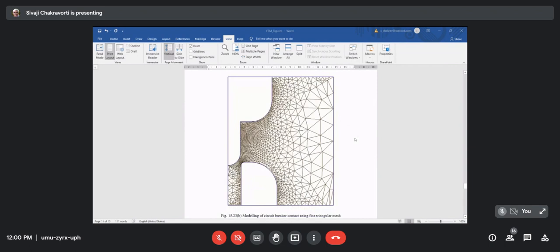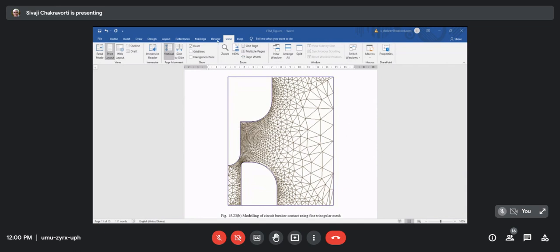So here is the finer mesh, where you can see that in the areas where the field is expected to be high, they have generated a very, very fine mesh. Particularly this area, which is very critical. You can see where the mouse is moving. This is a very fine mesh, so that our basic assumption that within one element the potential varies linearly will hold true.